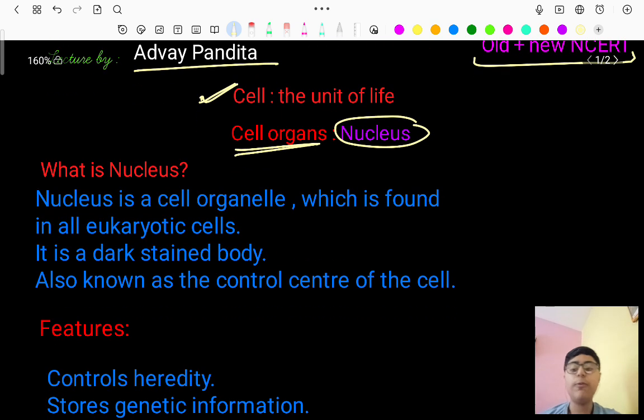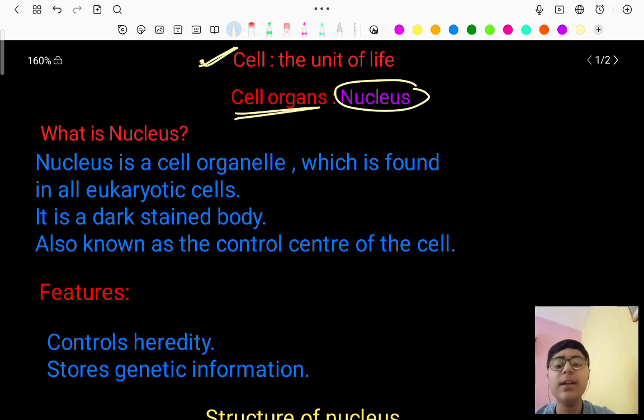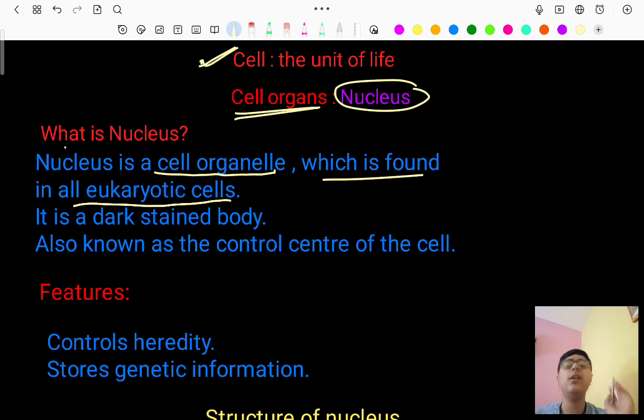Okay, so the first question here: what is the nucleus? If it is a cell organelle, then it may have some functions and some definition. Nucleus is a cell organelle which is found in all eukaryotic cells.